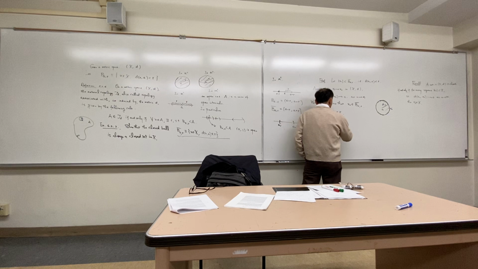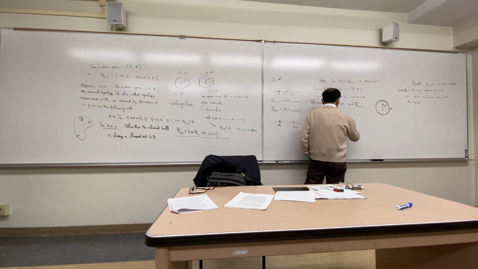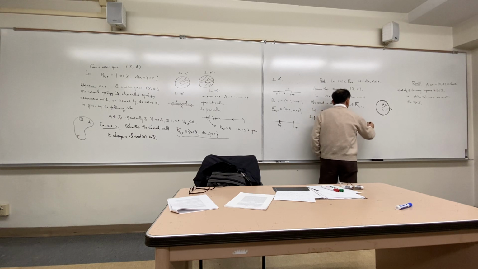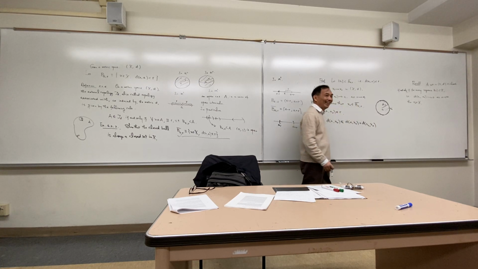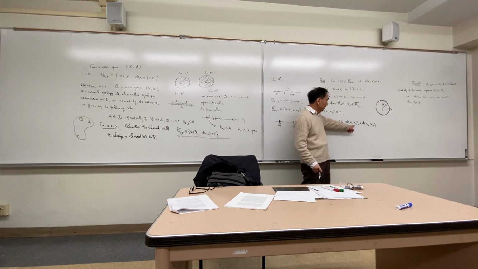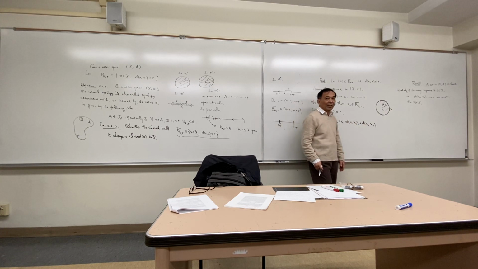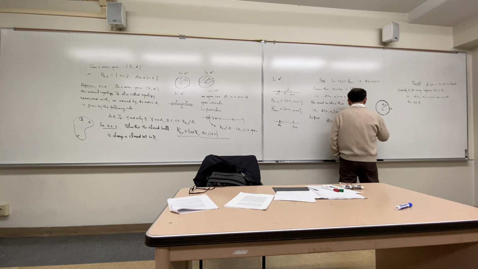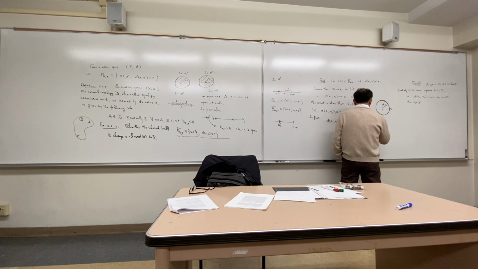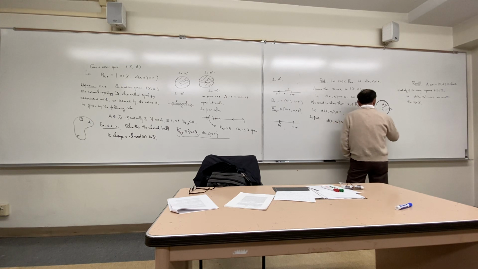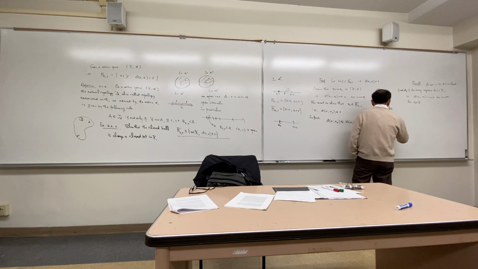This is less than or equal to, we sandwich it, the distance from A to xn plus the distance from xn to x naught. This is less than or equal to r. This goes to 0. So the distance A to xn, which is less than or equal to r.